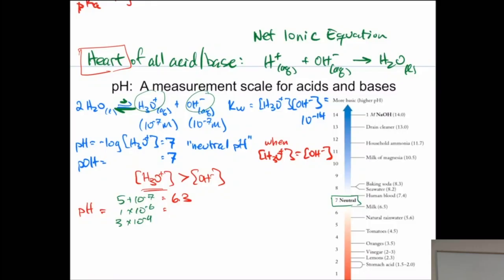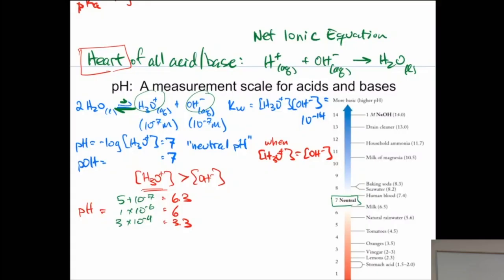I don't have it in my notes, because I can do it in my head. What's the pH equivalent of 1 times 10 to the minus 6? What's the negative log of 1 times 10 to the minus 6? That one you can do in your head. That's 6. 3 times 10 to the minus 4th is going to be 3.3, approximately. But go ahead, use your calculator. Don't use my mind tricks.